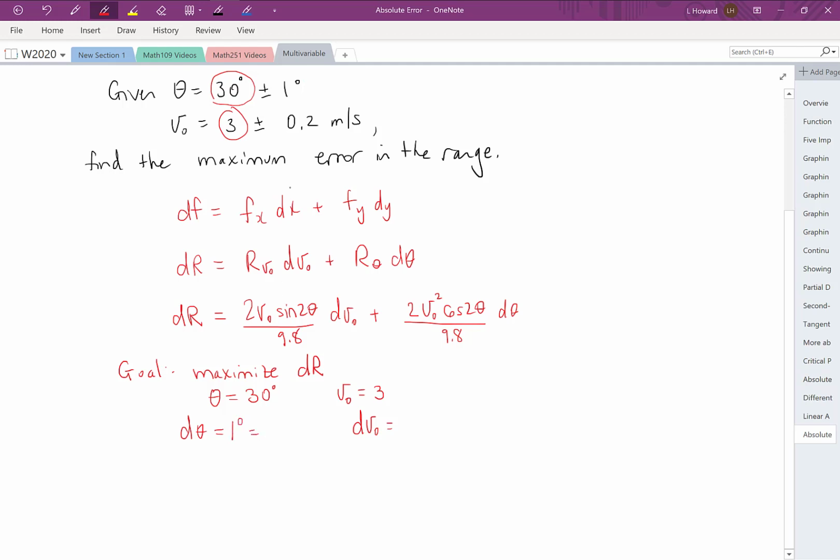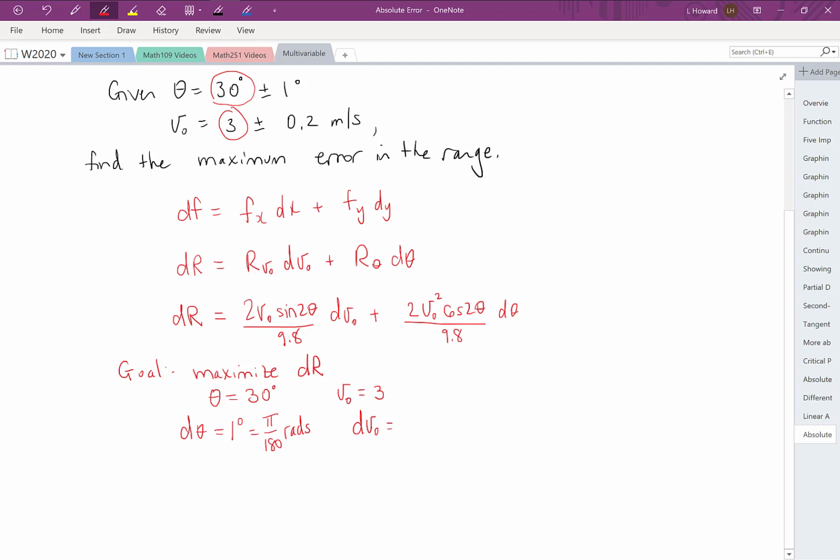But because d theta is going to be outside of a trig function, we need to express this in radians. So let's convert over to radians and just call that pi over 180 rads. For the theta itself, because it's going to be inside a sine or cos function, you can leave it as 30 degrees. You don't necessarily have to convert it over to radians, but d theta certainly needs to be converted over because it's outside of a trig function when we evaluate it.